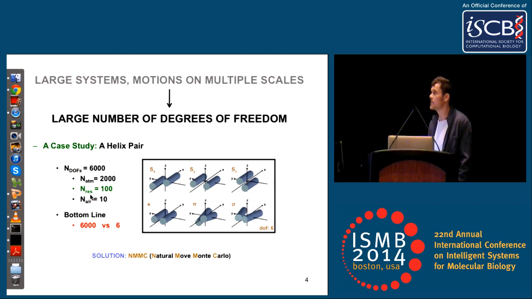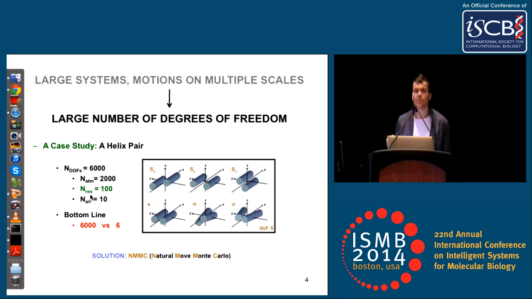And here's a little case study to illustrate this problem. Supposing that you want to evaluate the relative orientation of two helices here, it's quite evident that 6 degrees of freedom is enough to describe this kind of structural space.